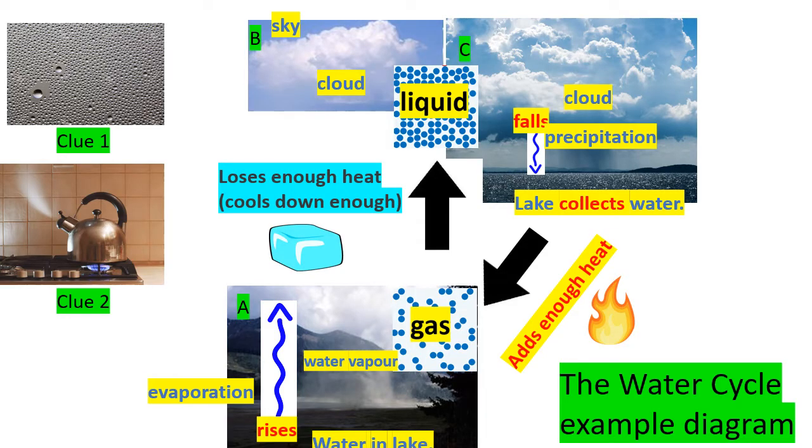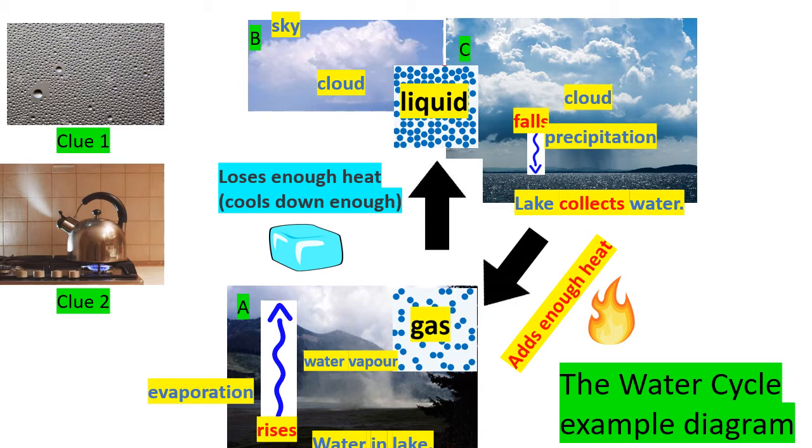So remember during one of our online lessons, we did a model of the water cycle to help us understand the process, and we drew or created a water cycle diagram. Okay, so here you see the arrows. The first arrow means adds enough heat.